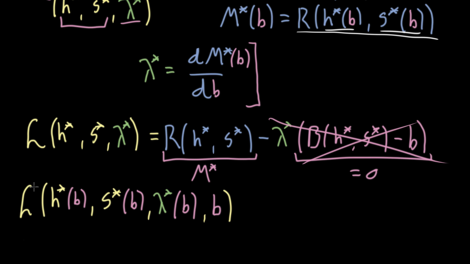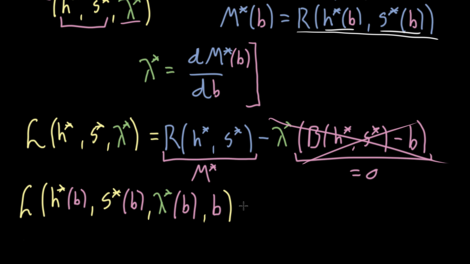So now when we want to know what is the value of the Lagrangian at the critical point, H star, S star, lambda star, as a function of b, that can be kind of confusing. What you basically have is this function that only really depends on one value, right? It only depends on b, but it kind of goes through a 4-variable function.